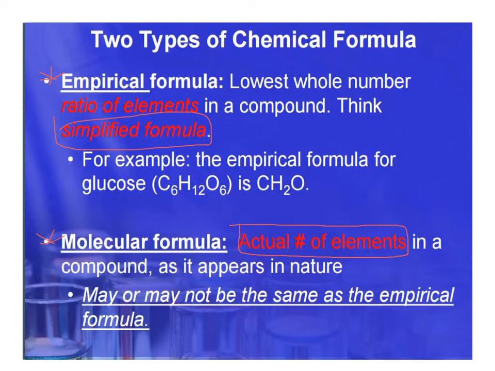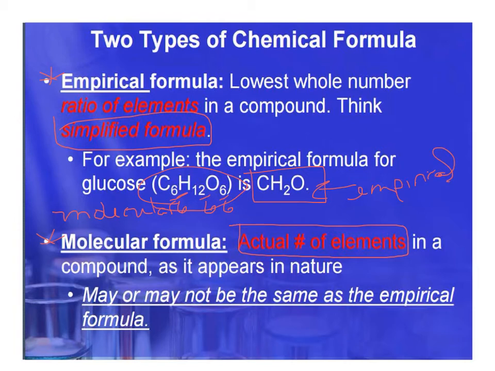So for example, if you look at the molecular formula for glucose, C6H12O6, you can see that it can mathematically be simplified. If you divide each subscript by 6, you get the empirical formula of CH2O. So CH2O is the empirical formula of glucose, and the molecular formula is C6H12O6.